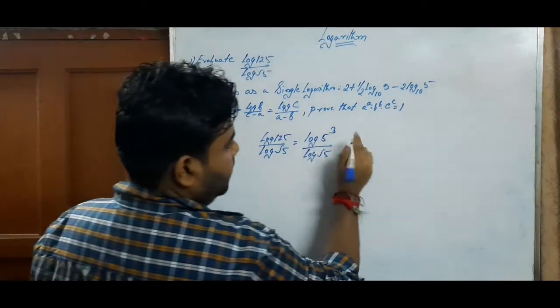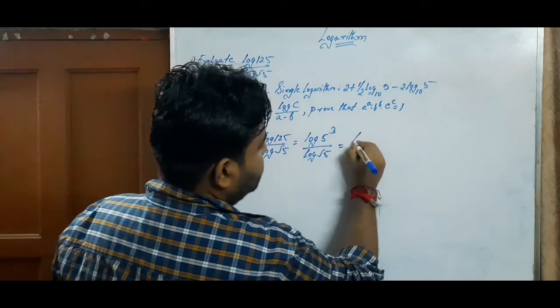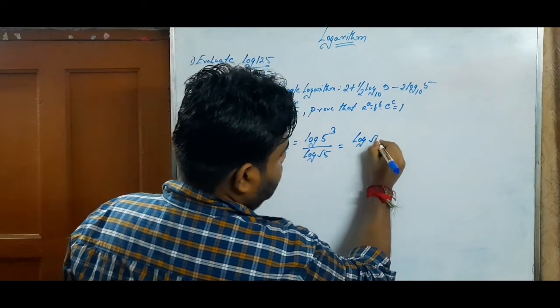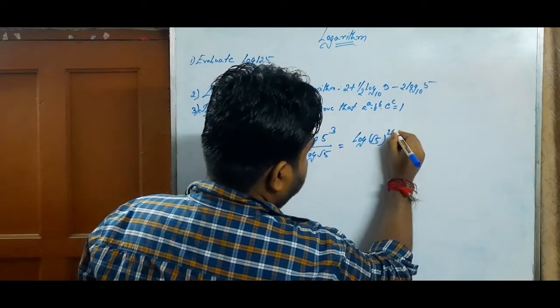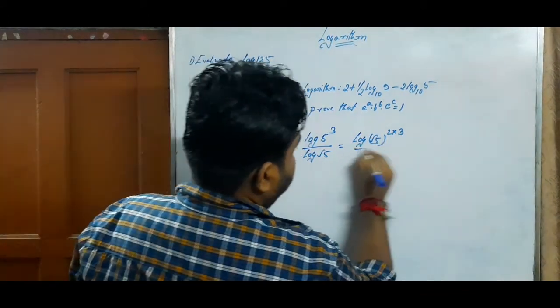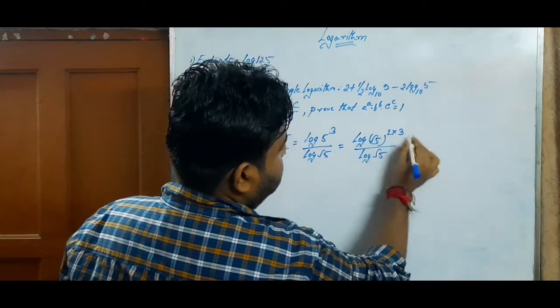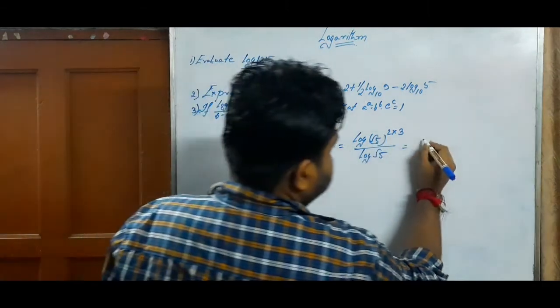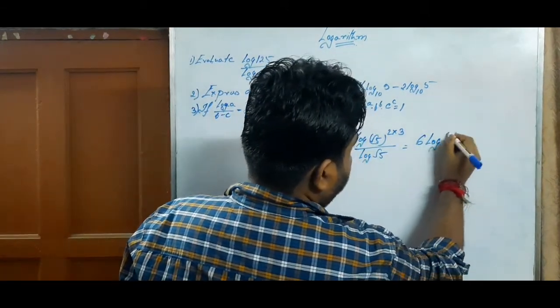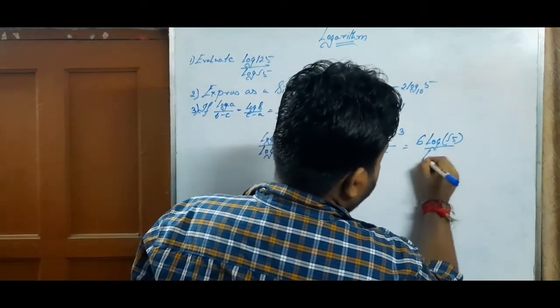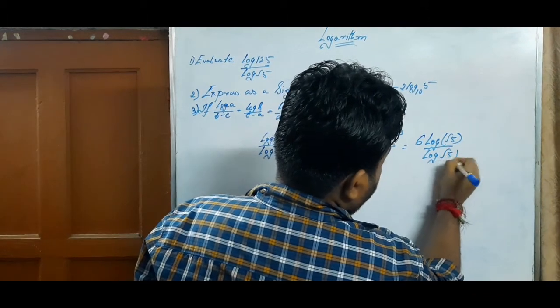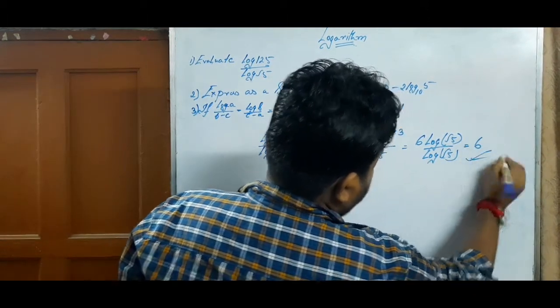Now we can write 5 as (root 5) whole square, log (root 5) whole square, 3, by log of root 5. Now we know the power comes first, that is 6 log root 5 by log root 5. Therefore the answer is 6.